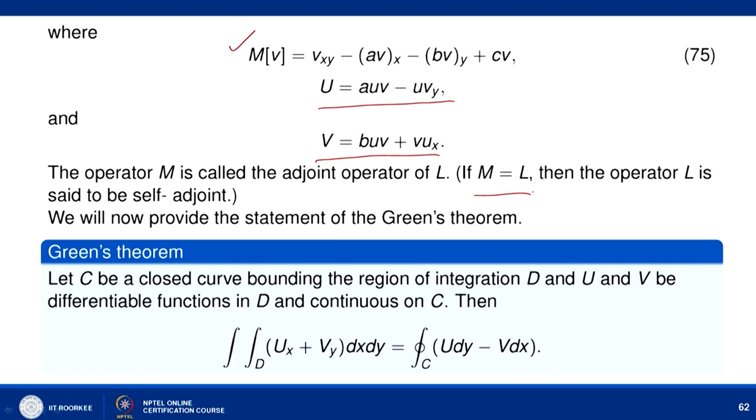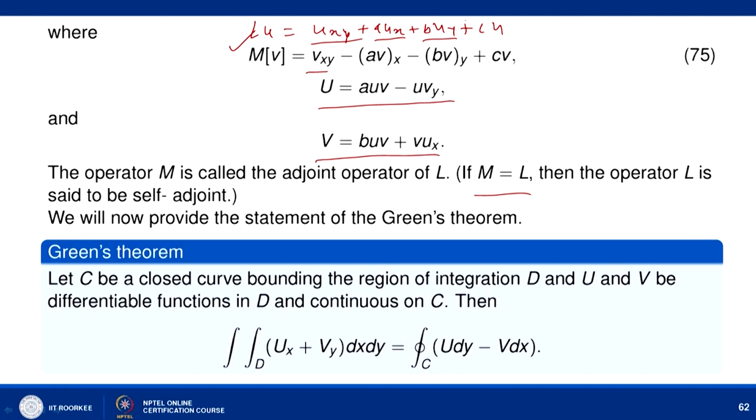So here, if you look at what is the difference between L and M, in L you have written u_xy plus a u_x plus b u_y plus c u. So here, u_xy is now v_xy, and a u_x is now written as minus of (a v)_x, and b u_y is minus of (b v)_y derivative, plus this term is unchanged.